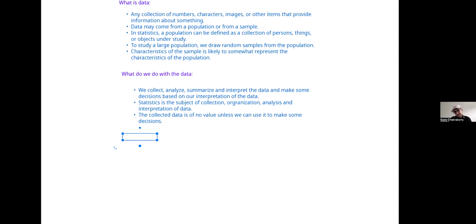So either it can be quantitative data or it can be qualitative data, right? So data can be qualitative or quantitative, right? So what is qualitative data?